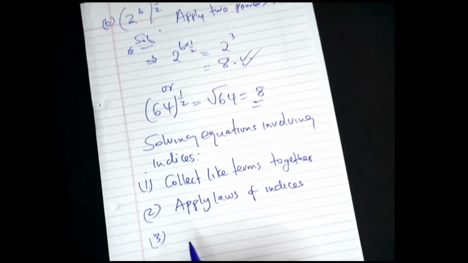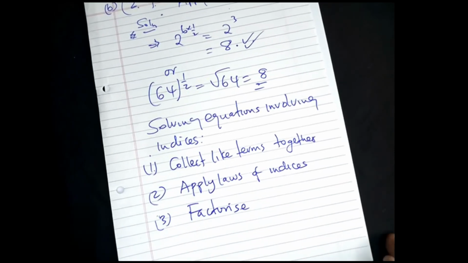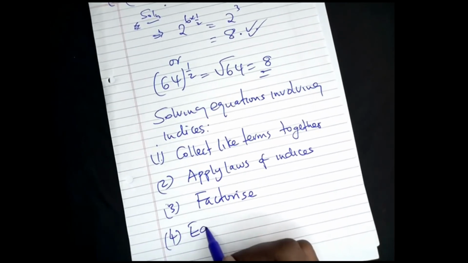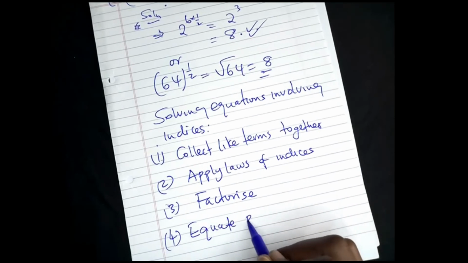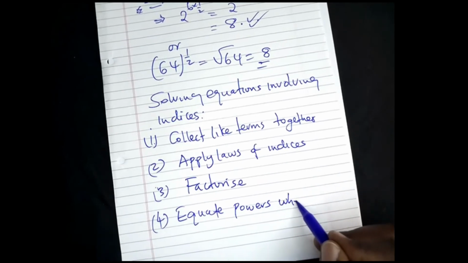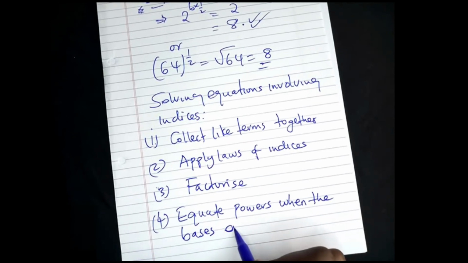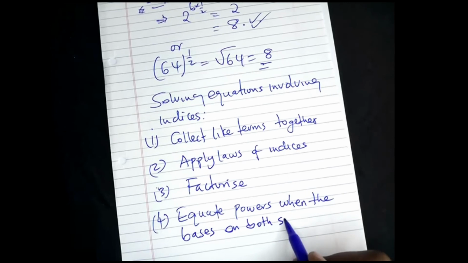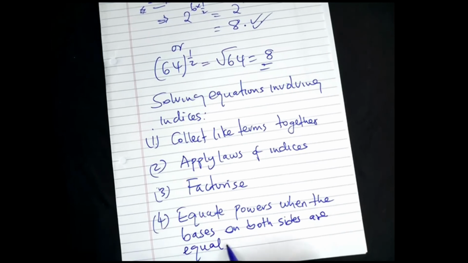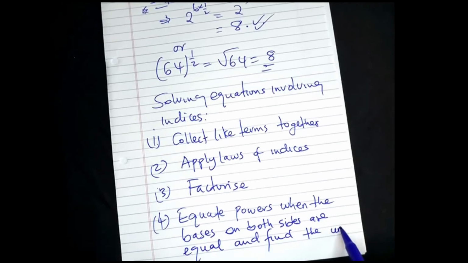Number three, factorize where necessary. And number four, equate powers when the bases on both sides are equal, and find the unknown.